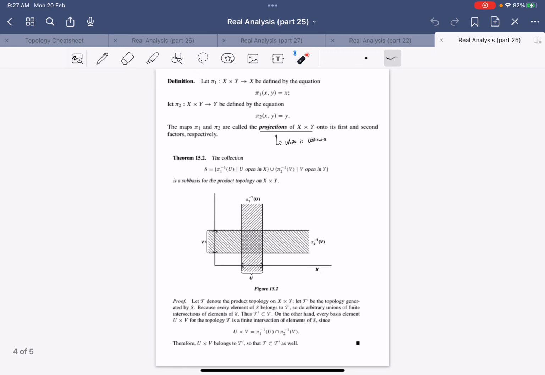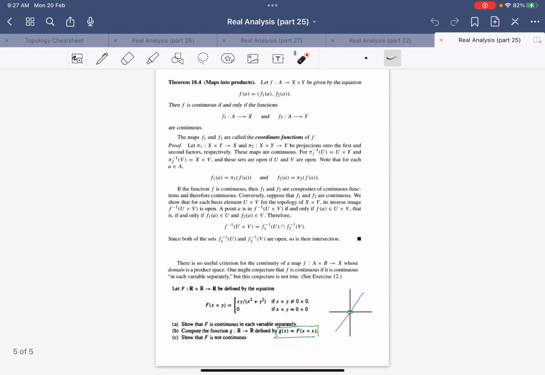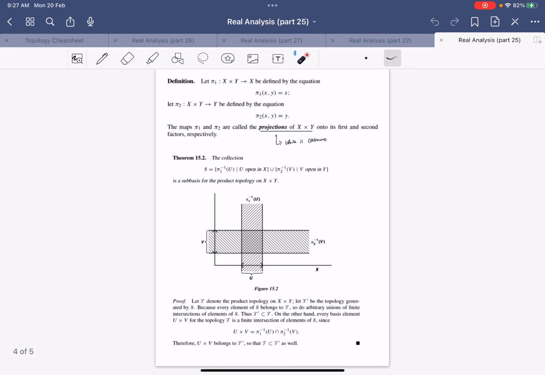I hope this is clear, and the reason why we want to talk about this collection is that it will actually help us, because this notion can help us generalize to more than two products. This is the notion that you use to generalize to infinite products, but we shall not go into that because we rarely deal with infinite products at this level.